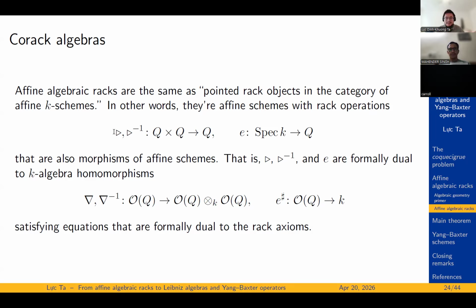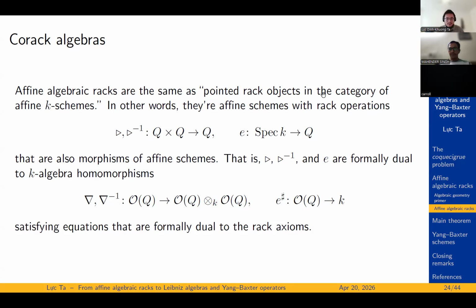Since an affine algebraic rack is a pointed rack object in the category of affine schemes, what that means is that you have a scheme with these two scheme morphisms, triangle and triangle inverse, and then your unit, which you can view as a morphism from the ground field to your scheme. And then you just take the duals of those.